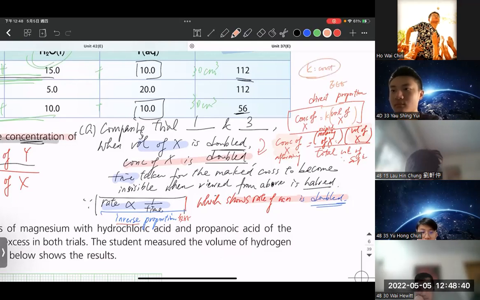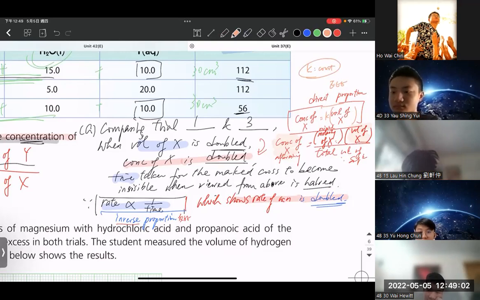I know it's constant because the original molarity of X is still in the same bottle. I did not change its concentration, and the total volume of solution I keep the same. So altogether, that data should be the same, irrespective of trial 1, 2, and 3. Do you understand? So we call it direct proportion.